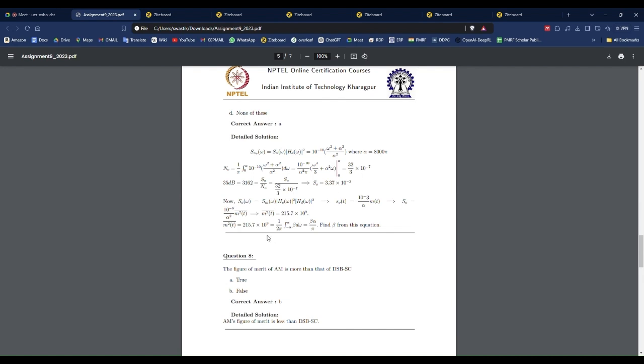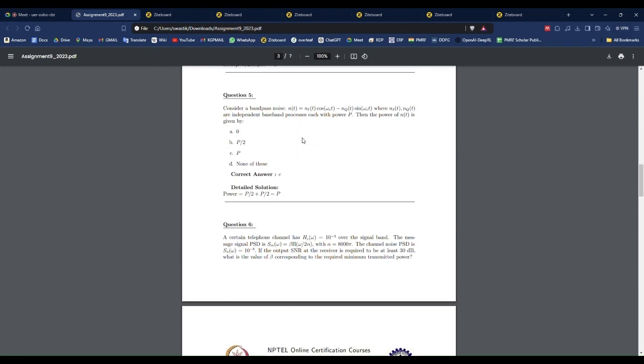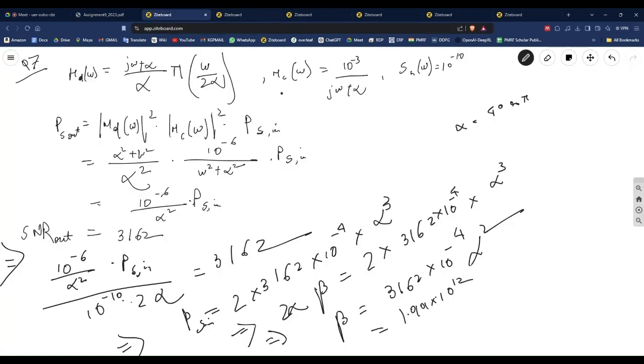This needs to be rechecked. So okay, alpha is not 4000 but 8000. 8000 into 8000 into 316.